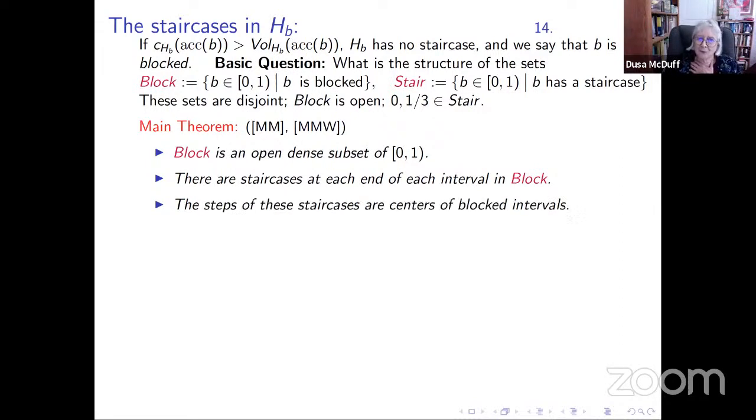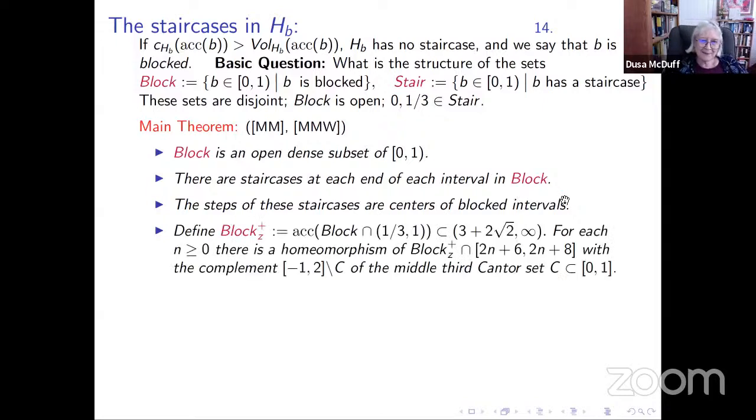And what we found is that each step of each of these staircases is given by obstructions, because they're steps, they go above the accumulation curve. They are themselves centers of blocked intervals. So the blocked intervals are given by obstructions, but those obstructions organize themselves into staircases.